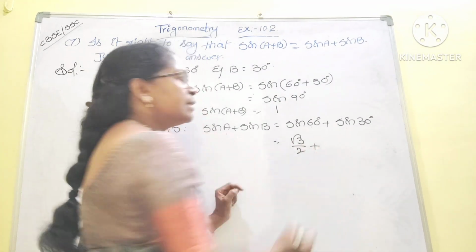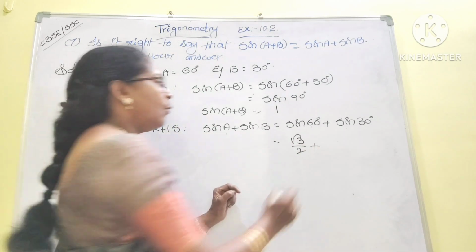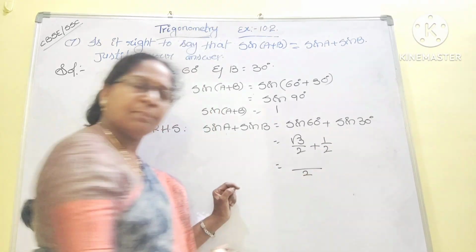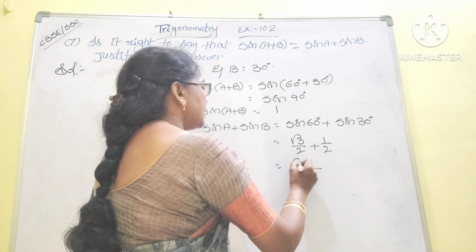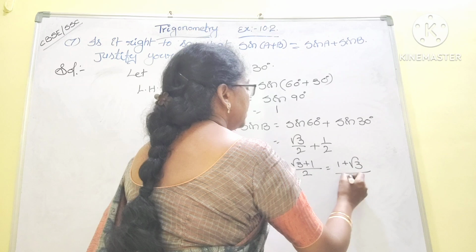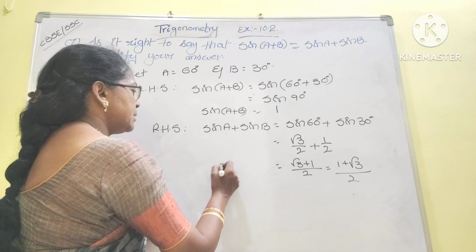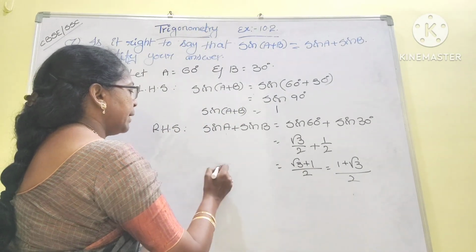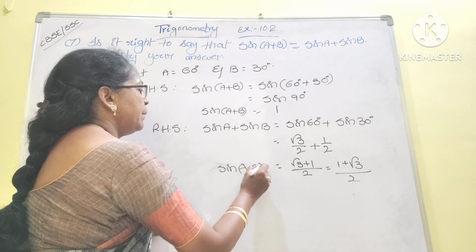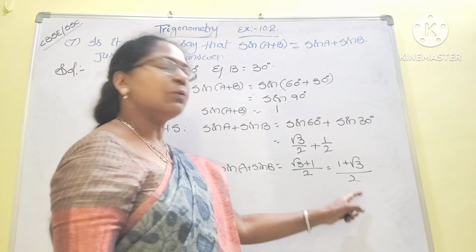Plus sin 30 equal how much? 1 by 2. Find out the LCM, where LCM is 2 here, root 3 plus 1, you can write 1 plus root 3 by 2. This is the answer. RHS equal to sin A plus sin B equal to 1 plus root 3 by 2.